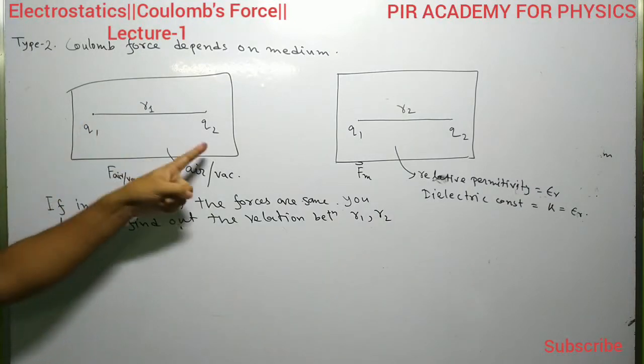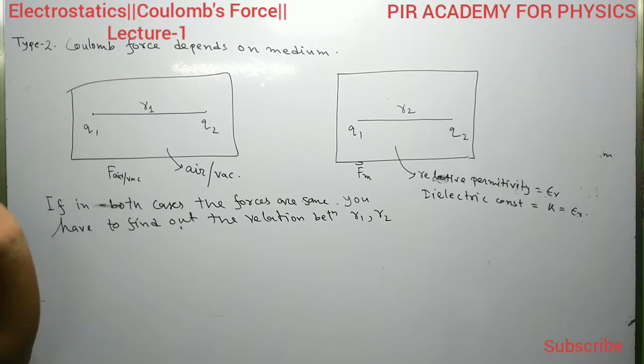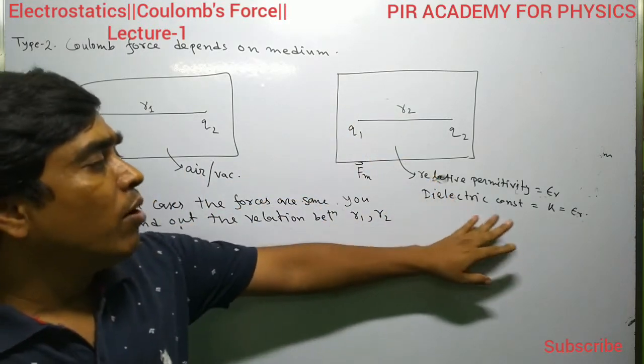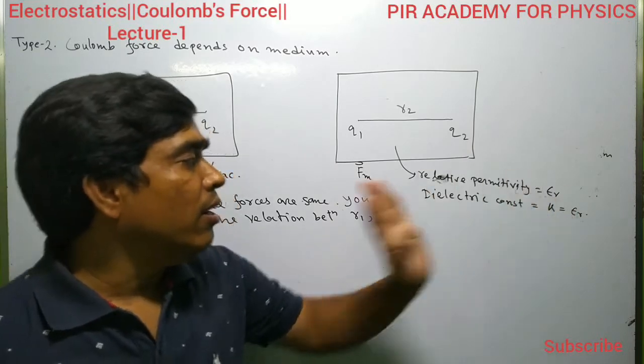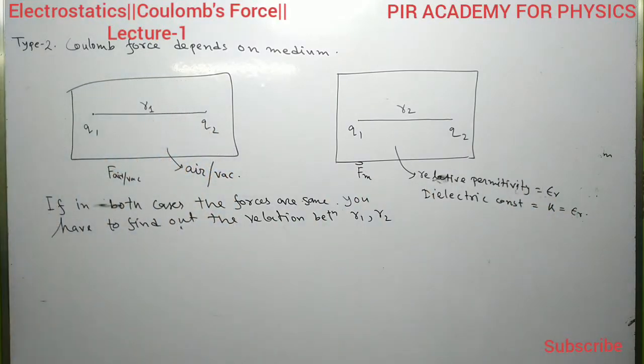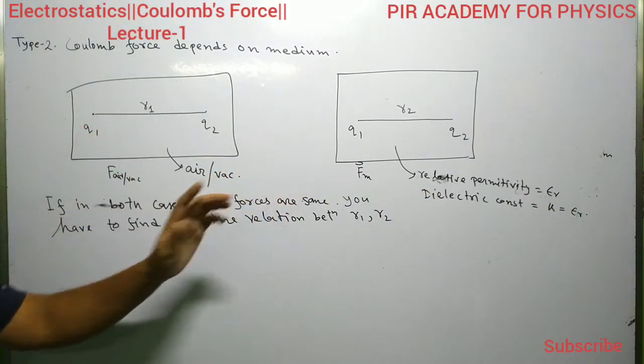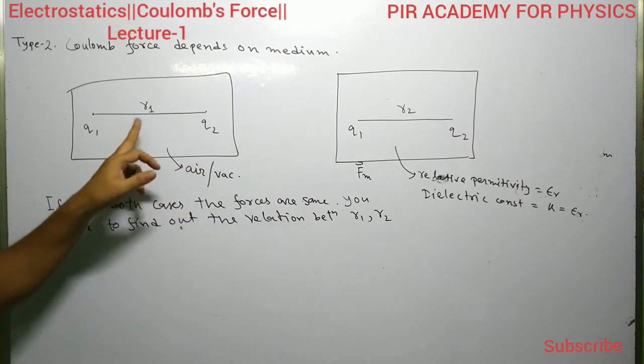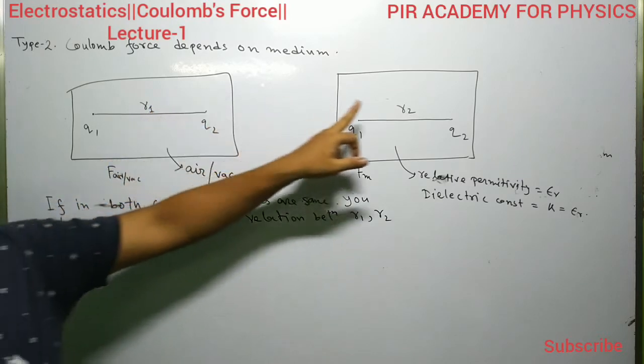Here this system is placed in air or vacuum. Here this system is placed in a medium of dielectric constant K or relative permittivity epsilon R. If in both cases the forces are the same, then you have to calculate the relation between R1 and R2.